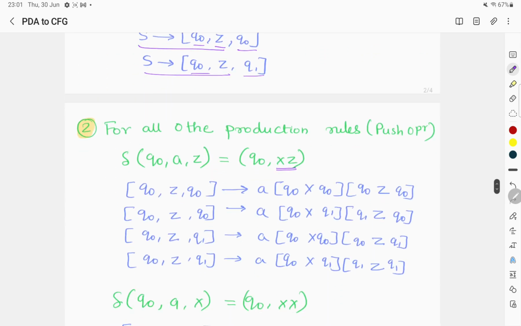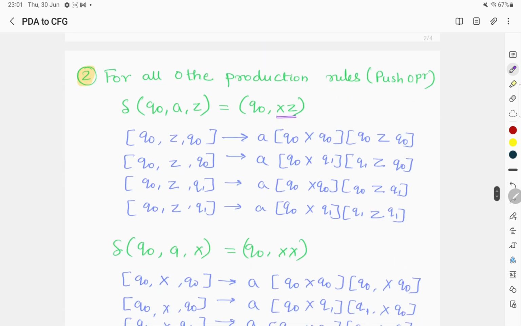Now how do I write it? As I told you, we should write this Q0 here, Z here and this Q0 here. That is done. Now this A will go on the right hand side. Now what is after A? X and Z. Though there are two tape symbols, I will write X and Z in two separate boxes.